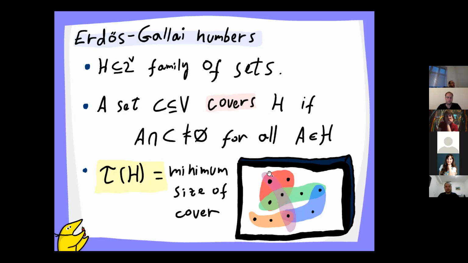For example, if H is this family of 5 sets, we can choose C to be these 2 points. So this is a cover of size 2. It's easy to check that we don't have covers of size 1. Therefore, tau of H is, in this case, 2.